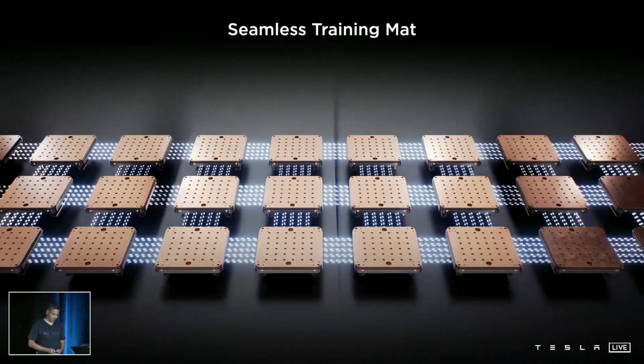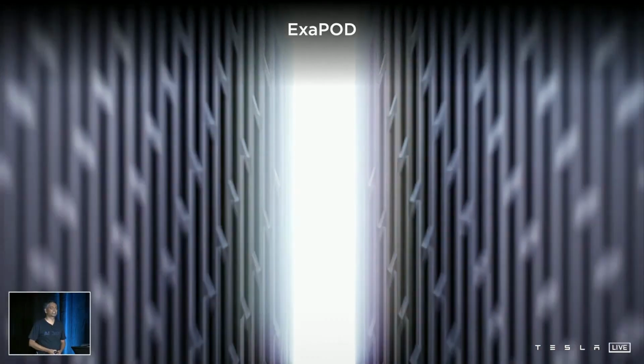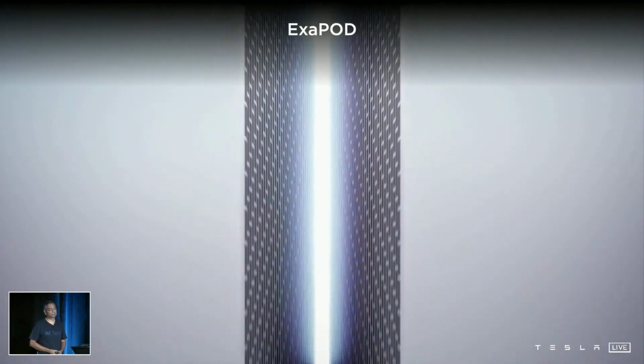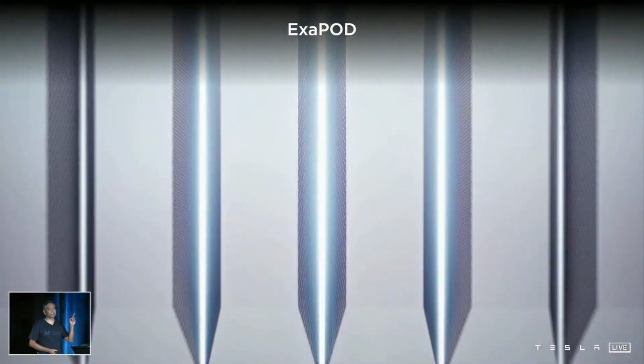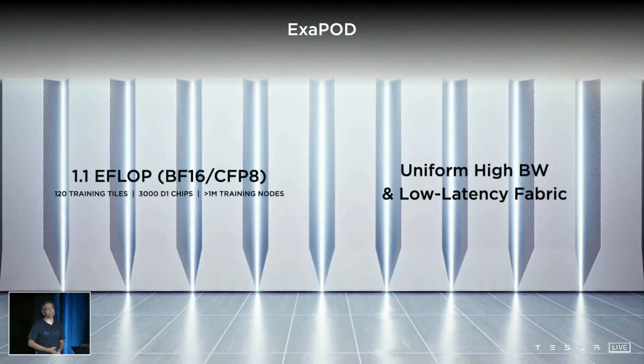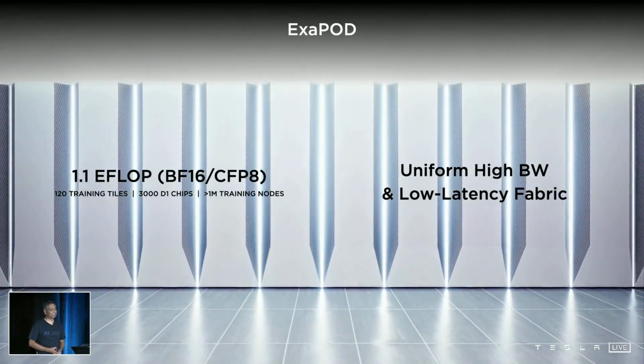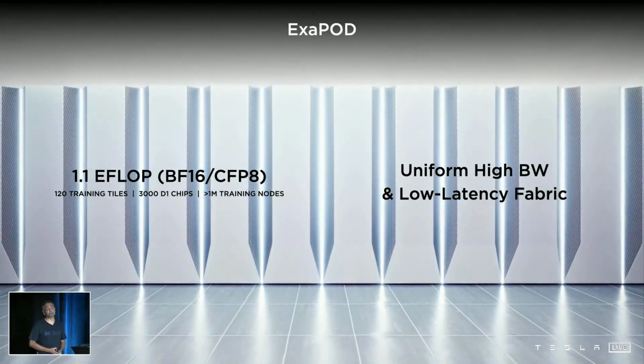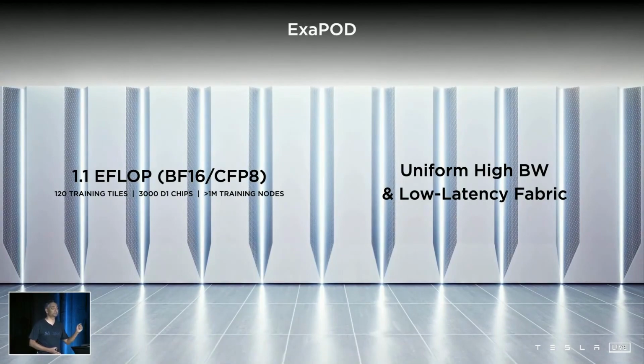And with this, we have an exapod. This is 1 exaflop of compute in 10 cabinets. It's more than 1 million training nodes that you saw. We paid meticulous attention to that training node, and there are 1 million nodes out here with uniform bandwidth.